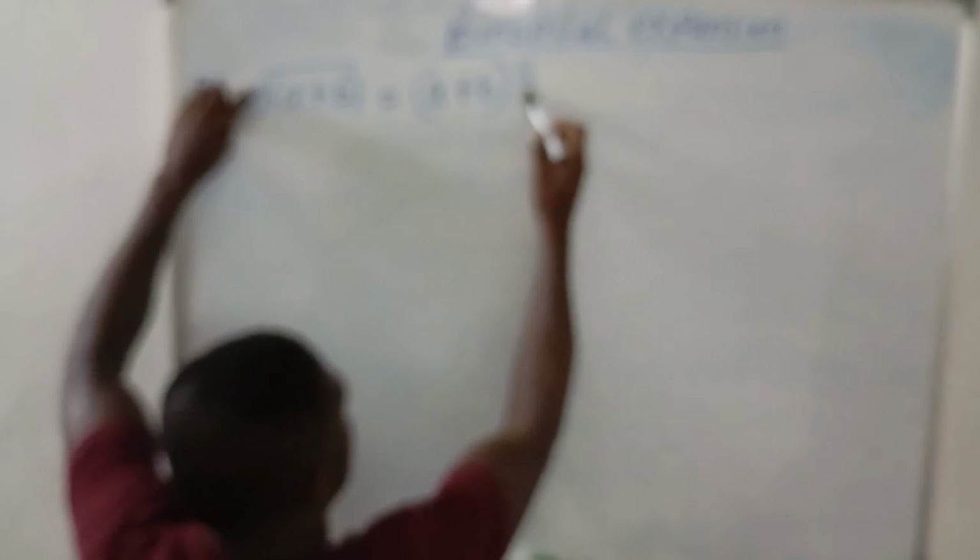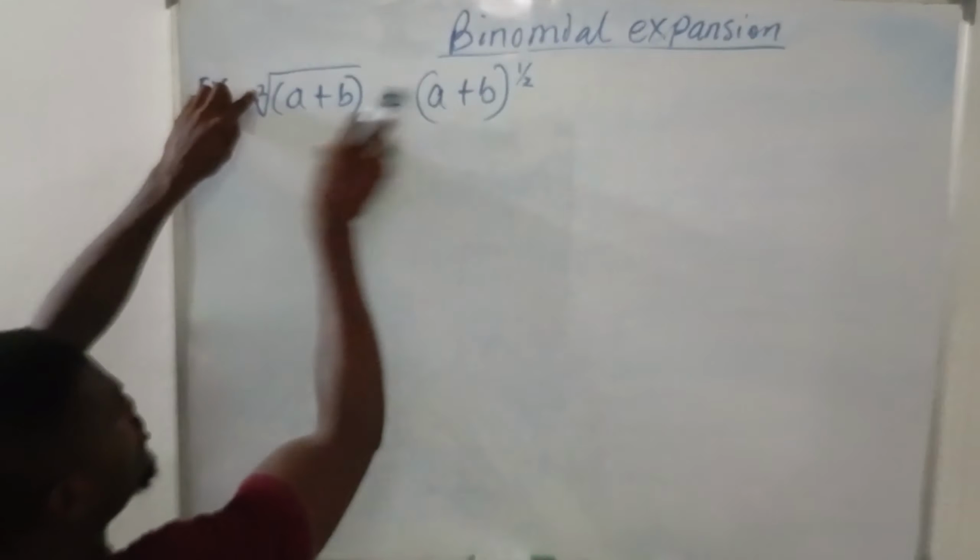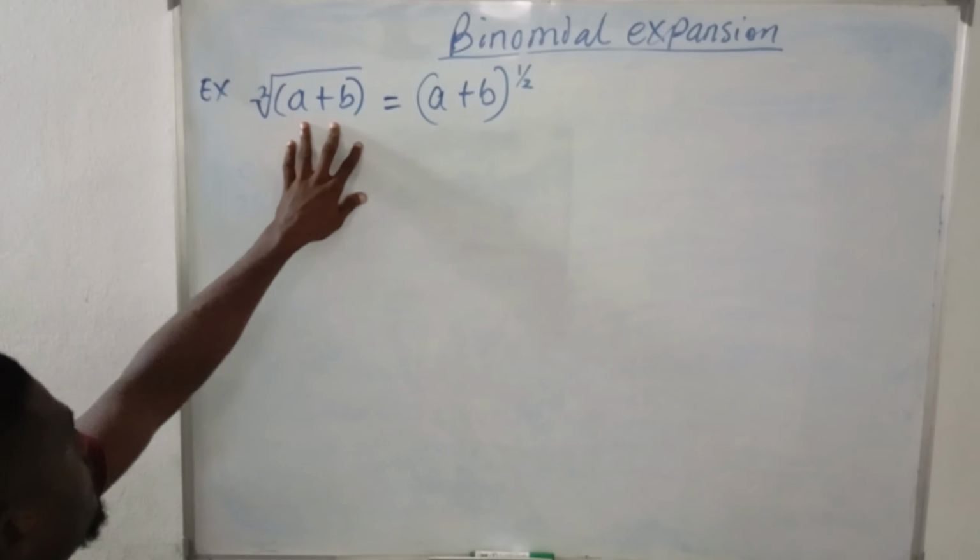Now this is a square root, and the power of the root is 2. This forms the denominator of the fraction of this power.